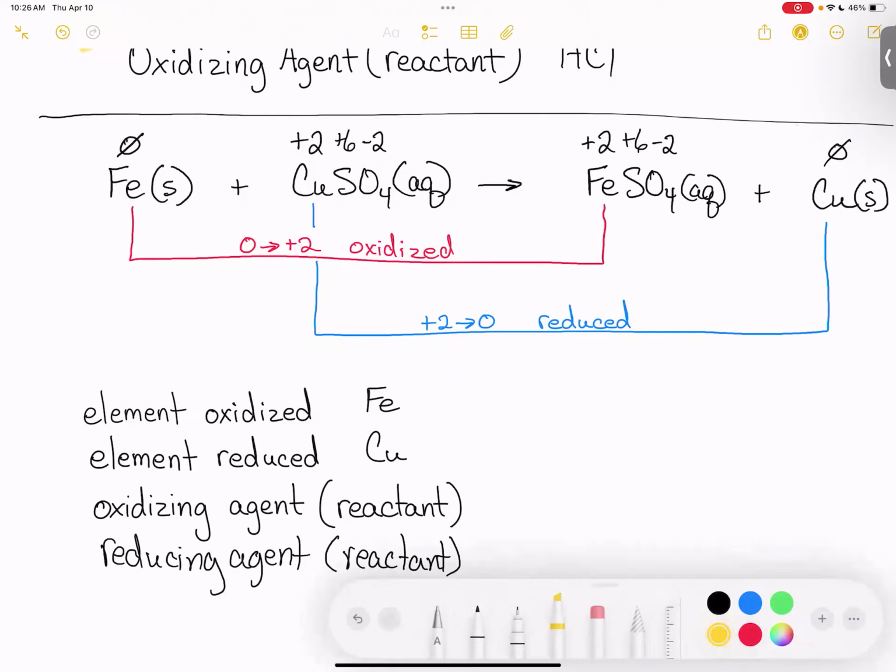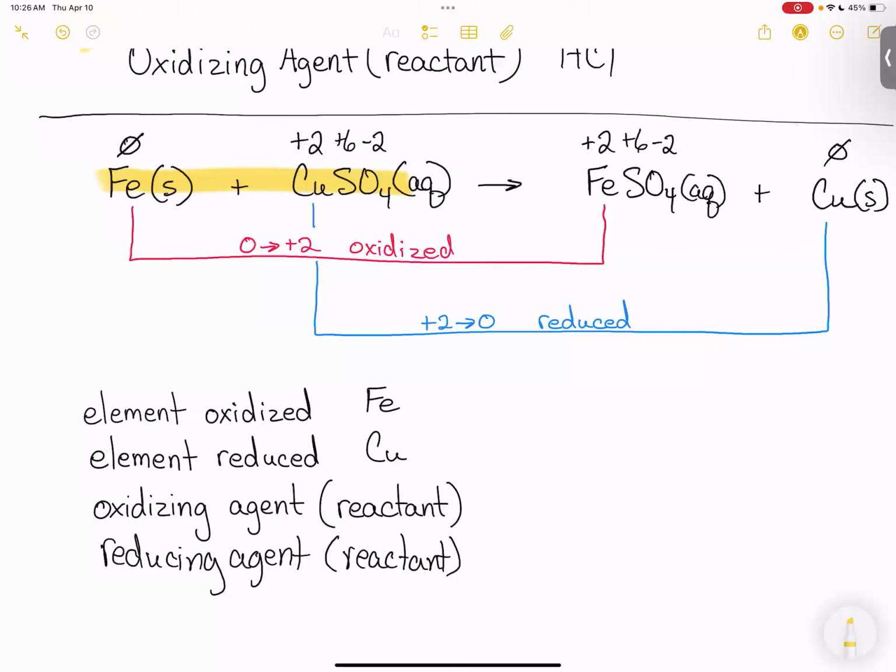Again, because we're dealing with the reactants, we're only going to be looking at the left-hand side of this equation. The element oxidized was iron. So what is it in? The oxidizing agent or the reducing agent?